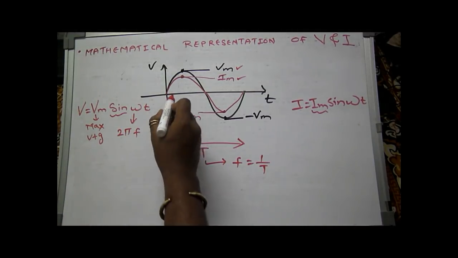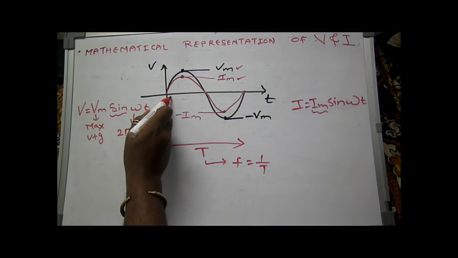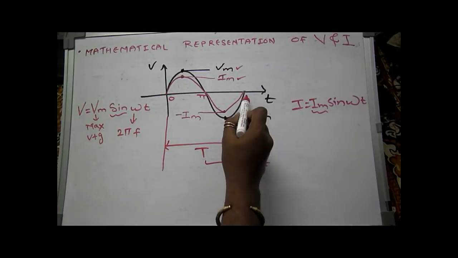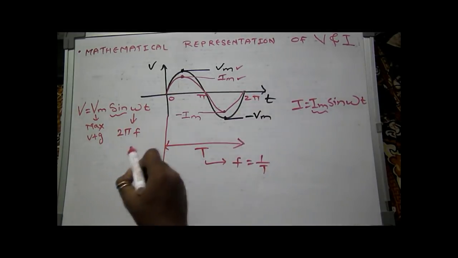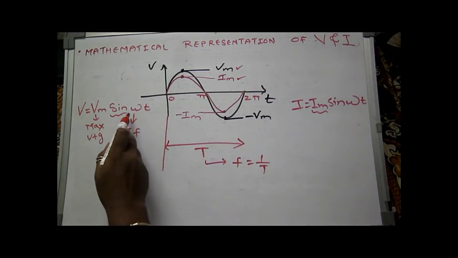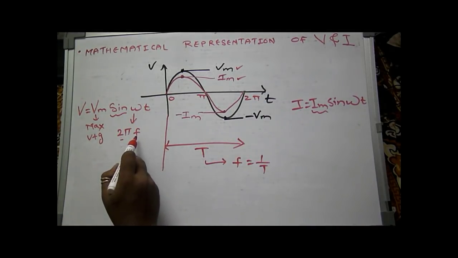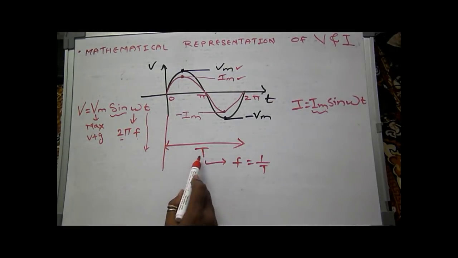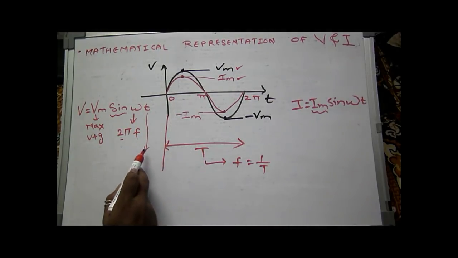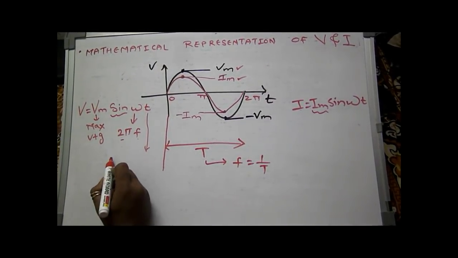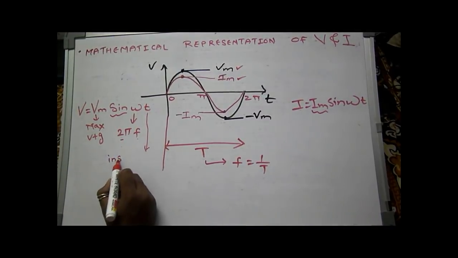Why 2 pi? Because the length of a wave is 2 pi: 0, pi and 2 pi. So we are taking voltage across this, so omega is 2 pi into frequency. This time is not this time, it's not a capital T, it's a small t. This small t represents the instantaneous voltage.